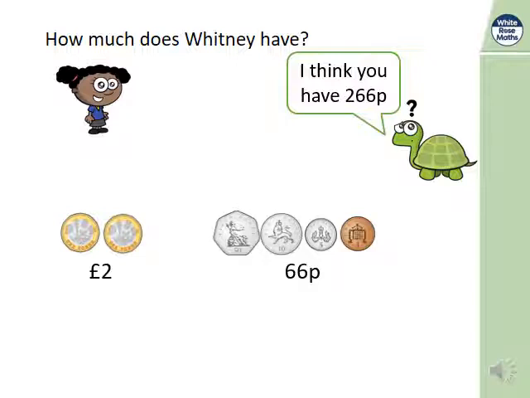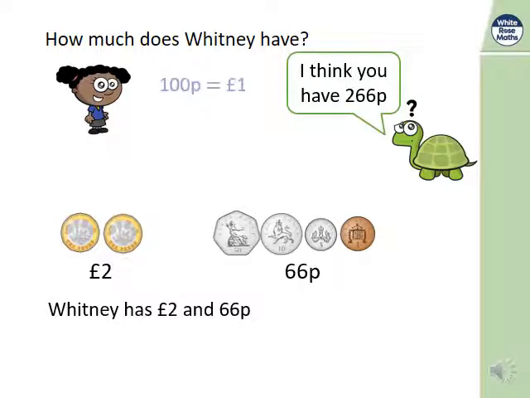So we've got £2.66. If we know that 100 pence equals £1, then 200 pence equals £2. So 266p, Tiny the Turtle was correct. Well done if you knew that as well.